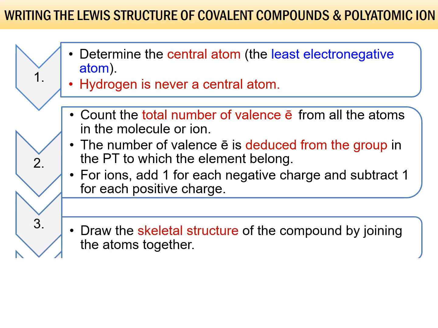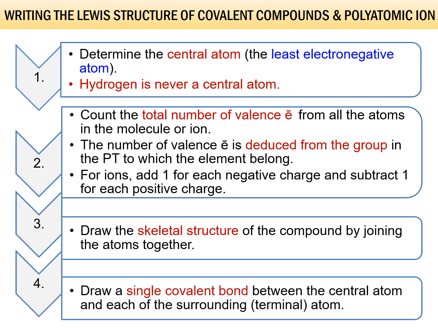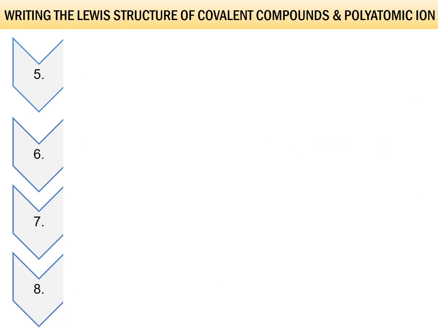Third step, draw the skeletal structure of the compound. Next, link the central atom to each of the surrounding atoms with a single covalent bond. Continue with step number 5.